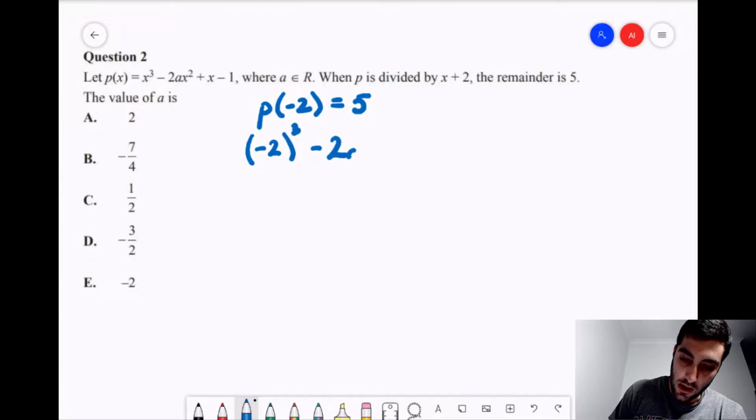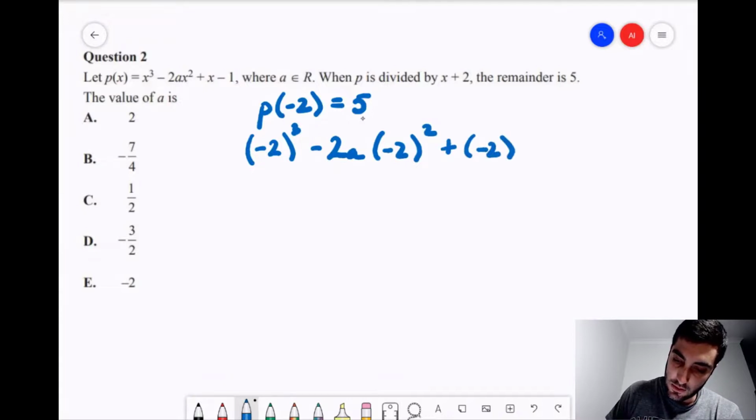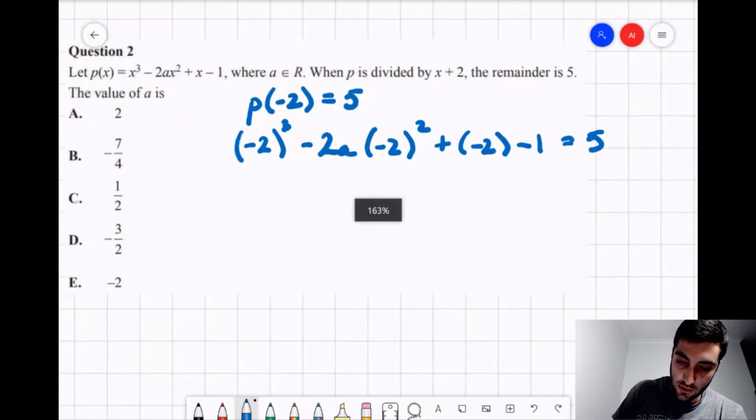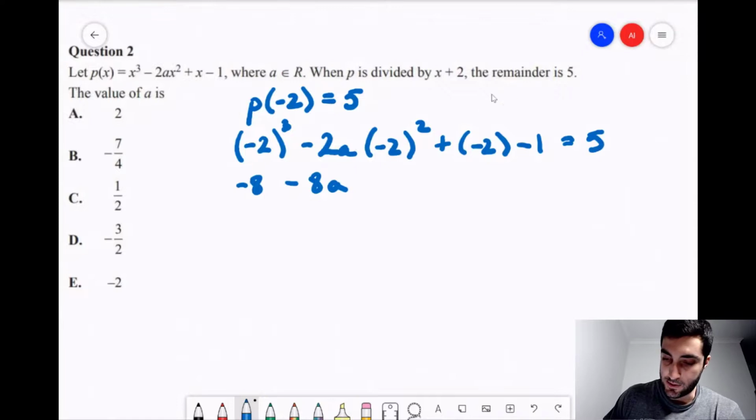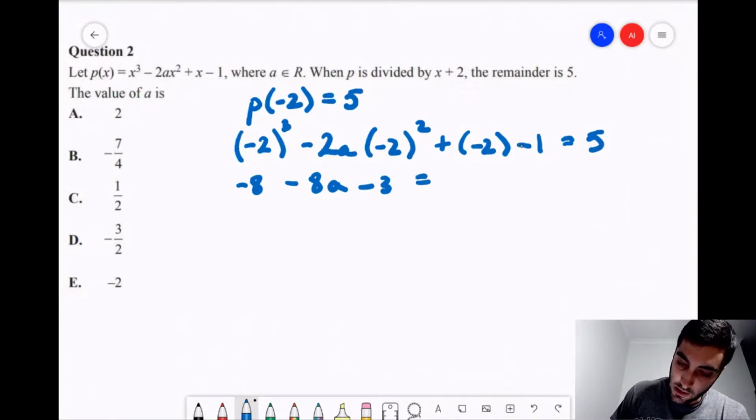Minus 2 cubed, minus 2a times minus 2 squared, plus minus 2, minus 1 is equal to 5. So minus 2 cubed is minus 8. Minus 2a times minus 2 squared is 4, so this can be minus 8a. Minus 2 minus 1 is minus 3, is equal to 5.